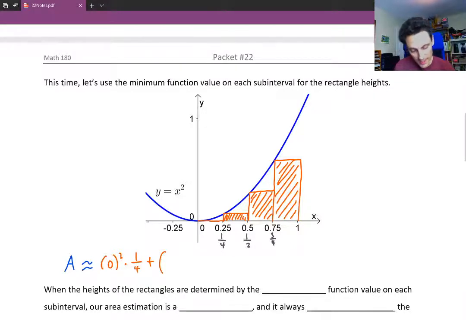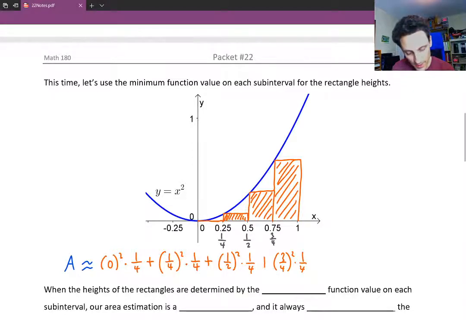Now the next rectangle is going to have an x value of 1/4 plugged in to get the height of its rectangle. So that'll be 1/4 squared times the width of 1/4. The next one will have 1/2 plugged in, and then the next one will have 3/4 plugged in. So each of these is a computation of the area of these rectangles.